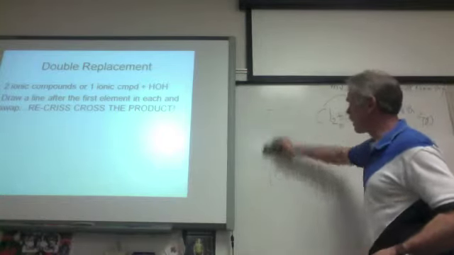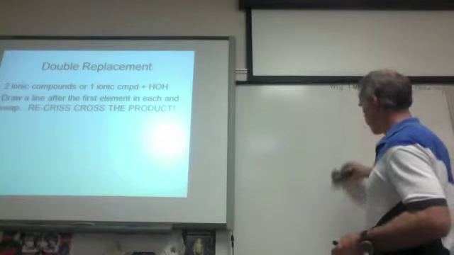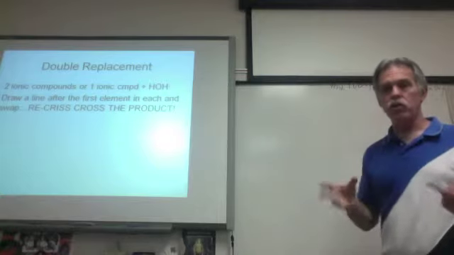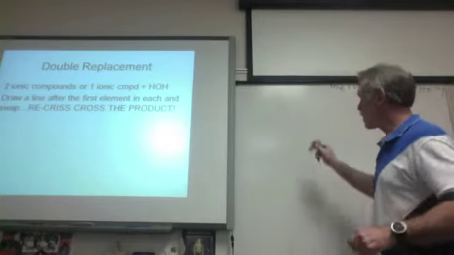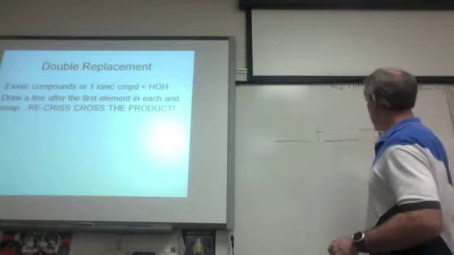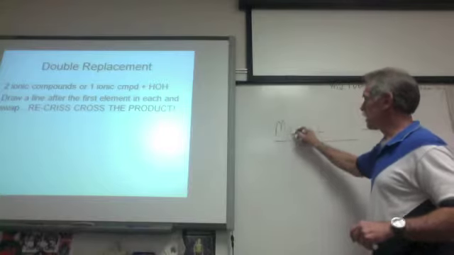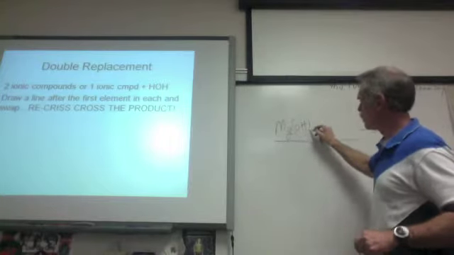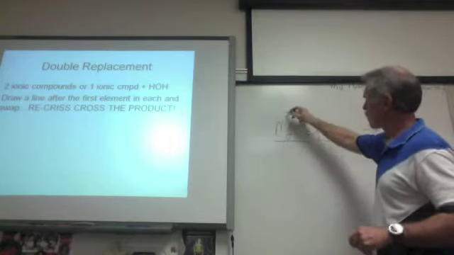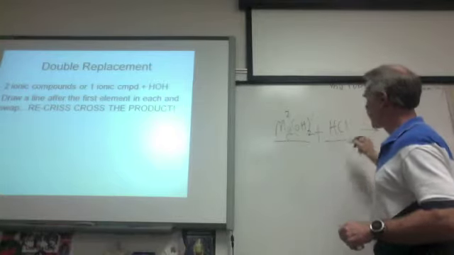It is the only type of reaction that you're going to see that only has 2 ionic compounds on the left side, for reactants. So there's going to be 2 ionic compounds. Let's use Mg(OH)2, okay, 1 and 2 crisscross to make Mg(OH)2 plus HCl.